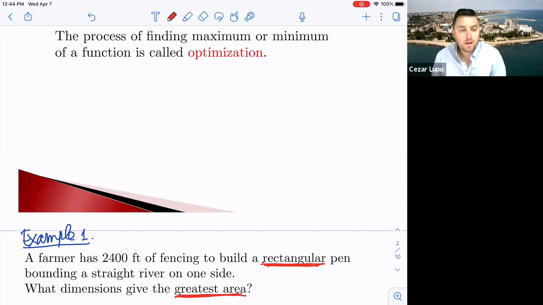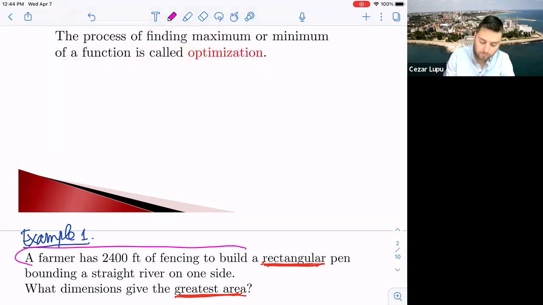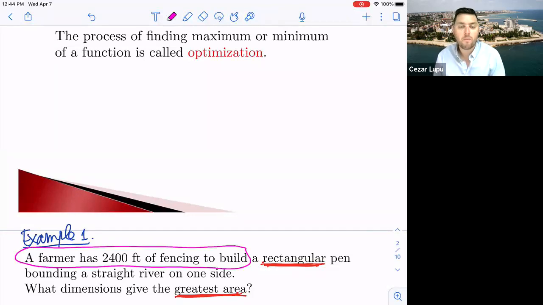Great. And what do we know? We know that a farmer has 2,400 feet of fencing to build. So how can we translate this? At this point, we do have enough information to translate this problem.